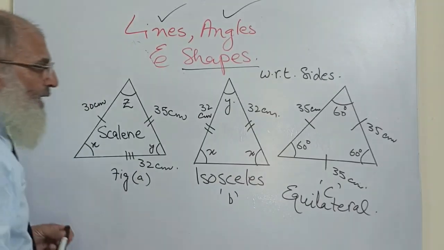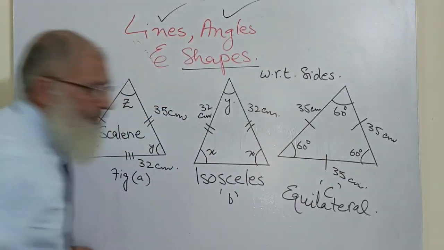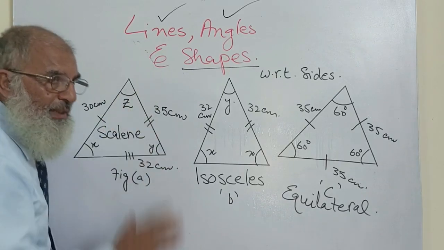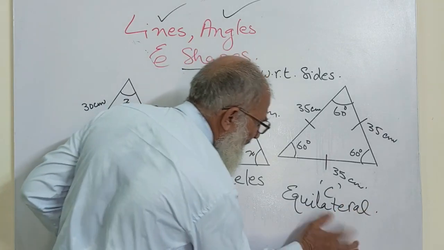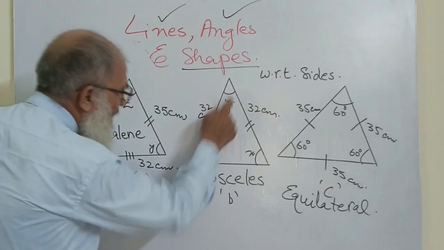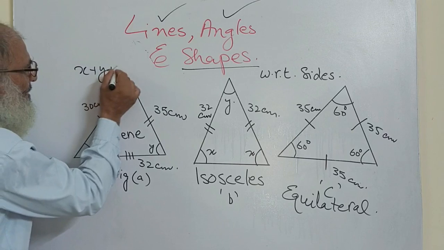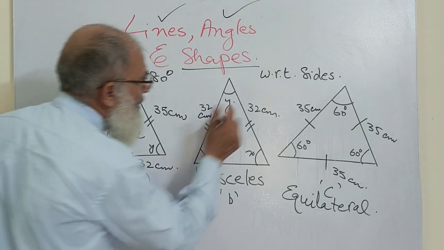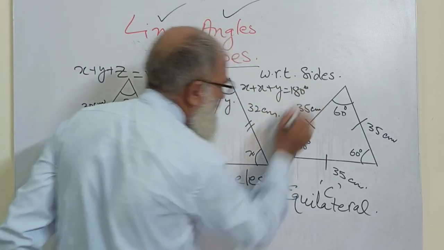Before rubbing this, I may tell you that in every triangle, whatsoever the triangle may be, whether it is a scalene triangle, isosceles triangle, or an equilateral triangle, the sum of the angles, x plus y plus z, is equal to 180 degrees.